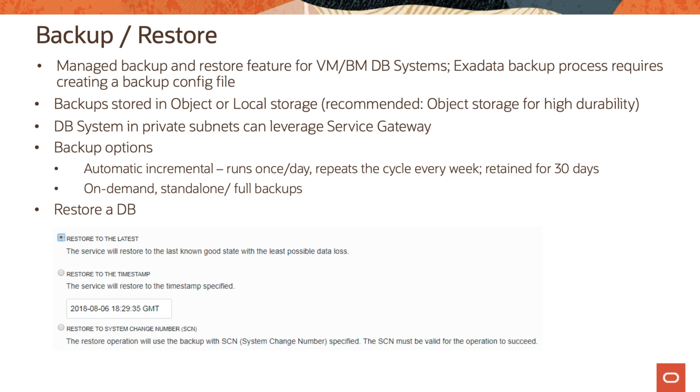You can restore a database to the latest backup, or you can restore the database to a timestamp. And finally, you can also restore the database to a particular system change number, or SCN.